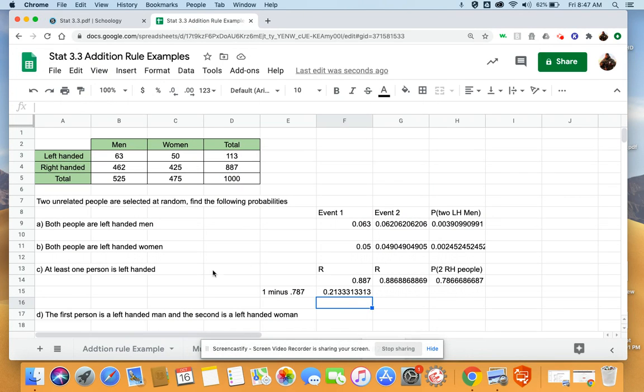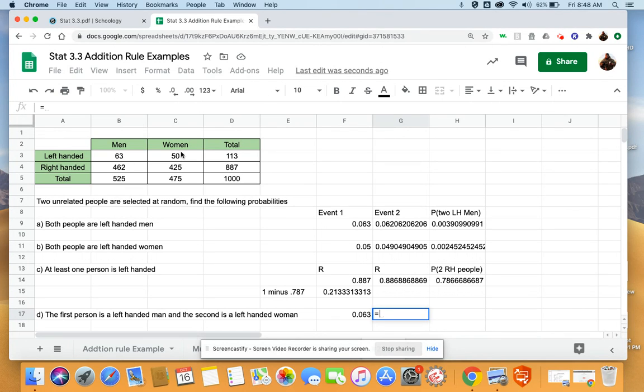Part D, the first person is a left-handed man. Again, left-handed man equals 63 out of 1,000 people total. The second person is a left-handed woman. We selected a left-handed man, so there's still 50 left-handed women in the sample.